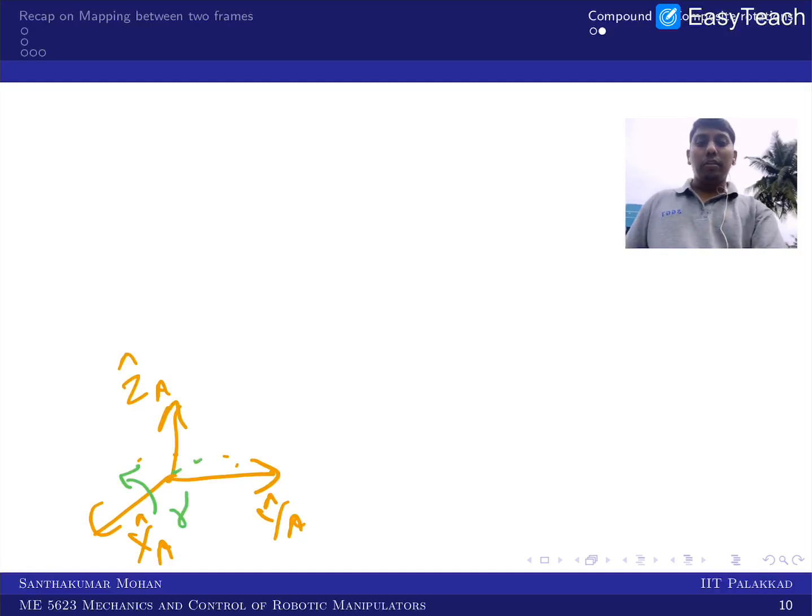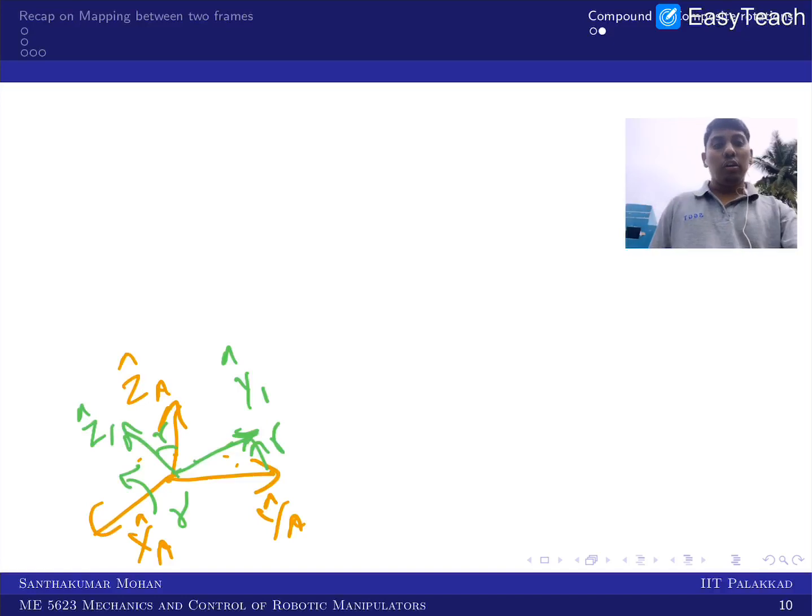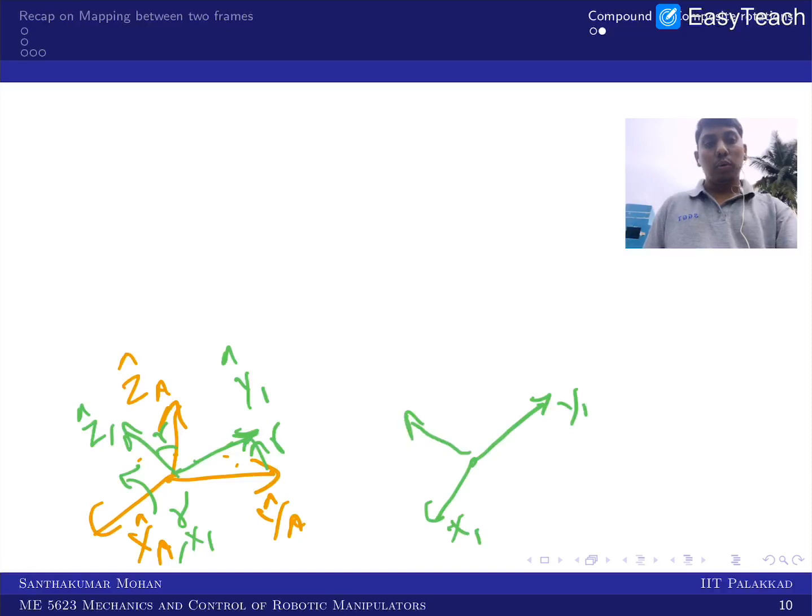So now this is rotated by the gamma angle. This particular axis I am calling y1 cap, and this is z1 cap. So now you got a new frame, x1, y1 and z1.